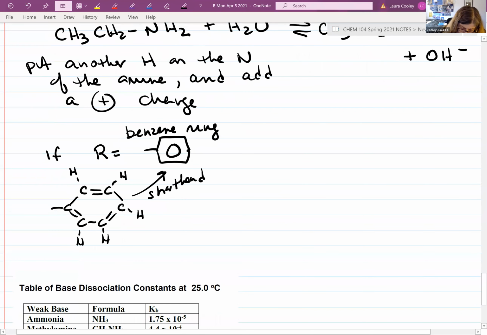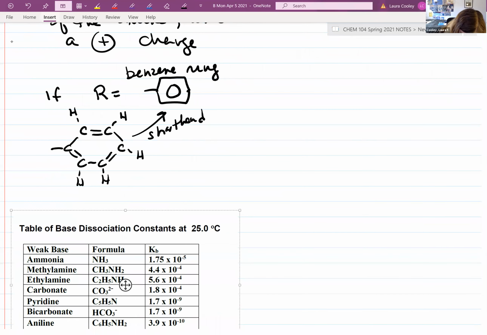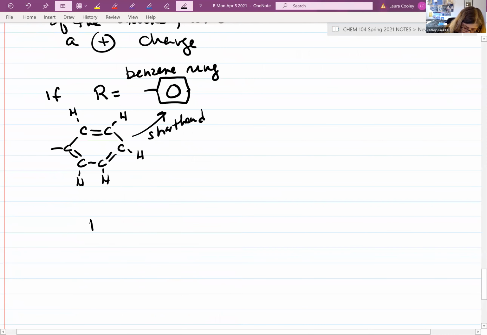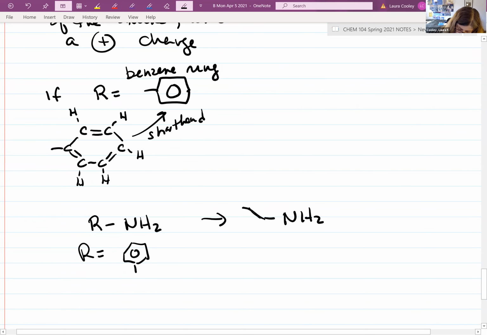But we have RNH2. If that R is a benzene ring, then that's going to be NH2 with this weird ring. So this is C6H5. There's 6 carbons, and there's a hydrogen on each one, don't forget.